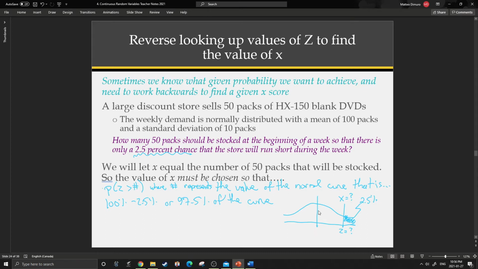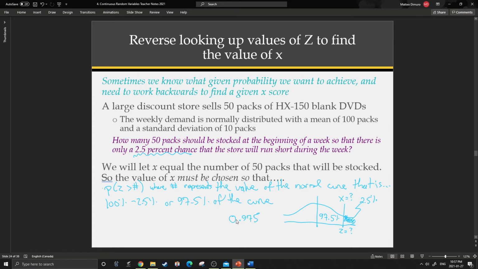Huh, ain't that neat? So what percentage of the curve is left over here on the left? Well, if this curve adds up to 100 and this is 2.5, then this must be 97.5% of the curve. If only we could somehow figure out the z-score. Aha, but we can. We can reverse look up 0.975.